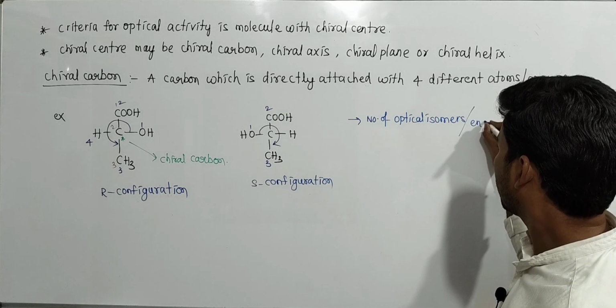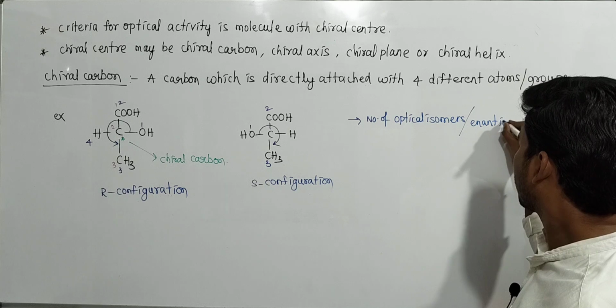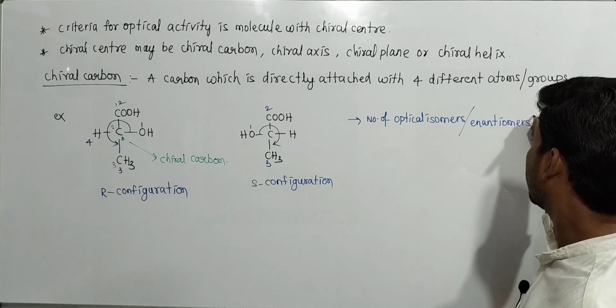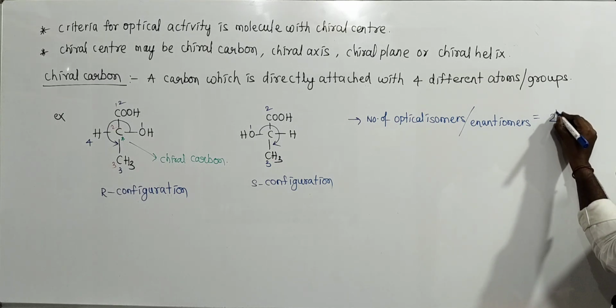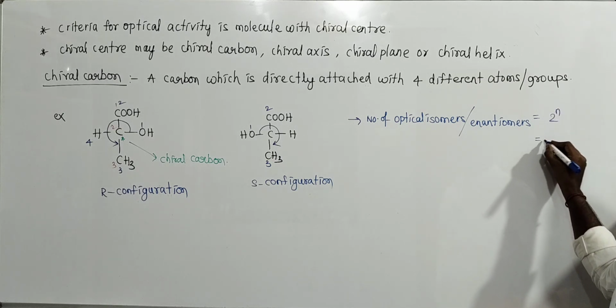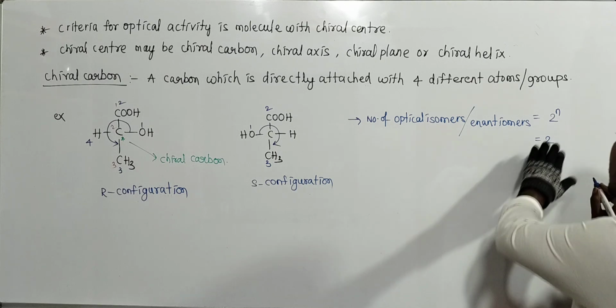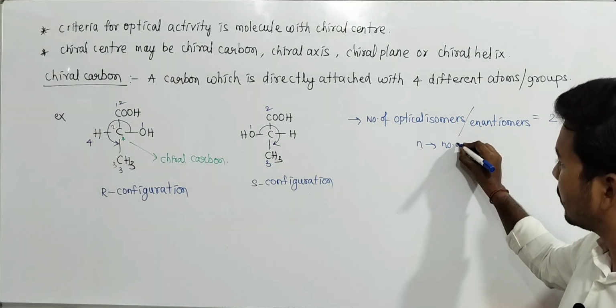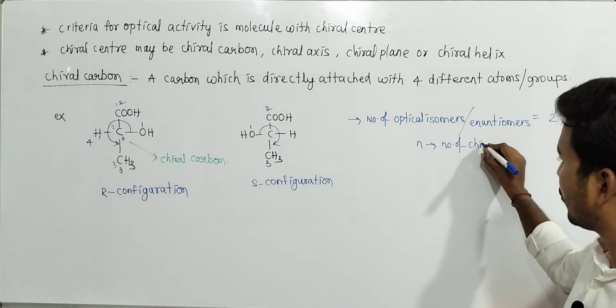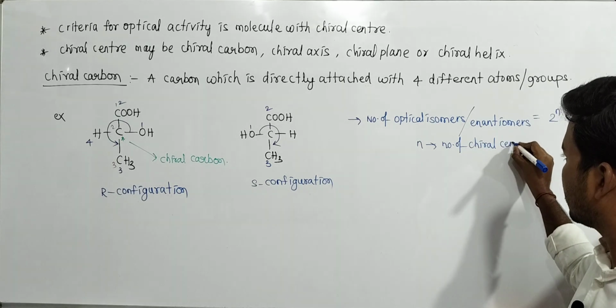Only one chiral center is there, and the terminal groups are different. Number of optical isomers is equal to 2 power n, where n is the number of chiral centers.